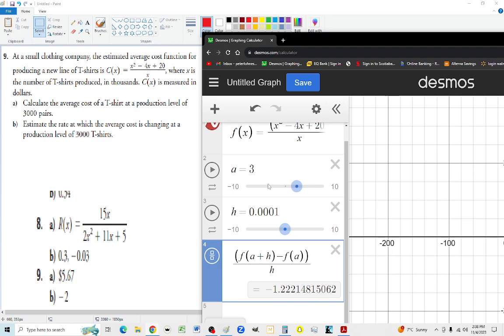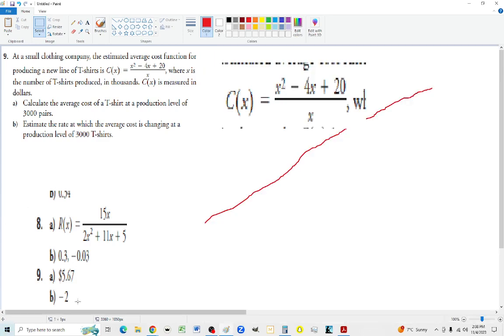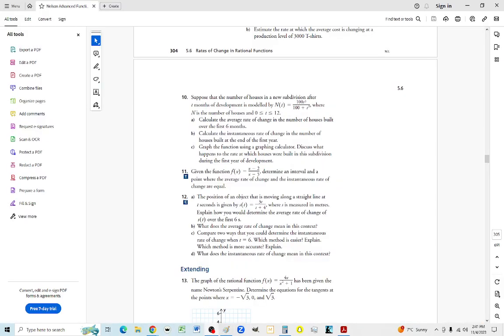Estimate the rate at which the average cost is changing at 3,000 t-shirts. Yeah, that should be it. I don't think they got their average rate of change correct. Yeah, I don't think this is right. One of the few times I can say that with quite a bit of certainty. Okay, moving on.